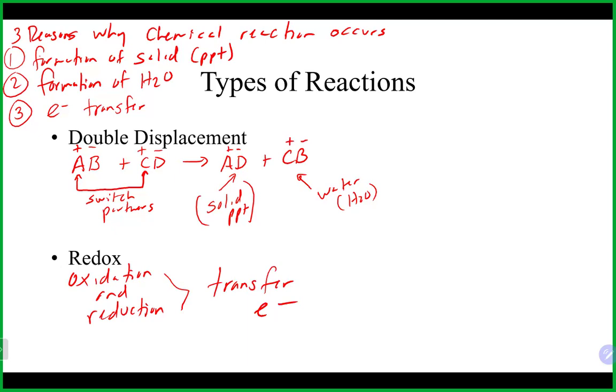So the redox reactions, which again is sort of the big category of reactions, account for electrons being transferred. So between these two big classifications of reactions, they essentially account for pretty much why any reaction will occur. Either you made a solid, you made water, or you have electrons being transferred. Any questions on that there?